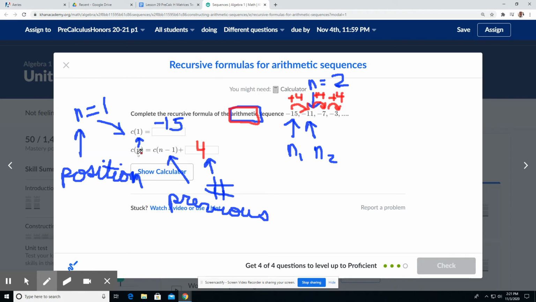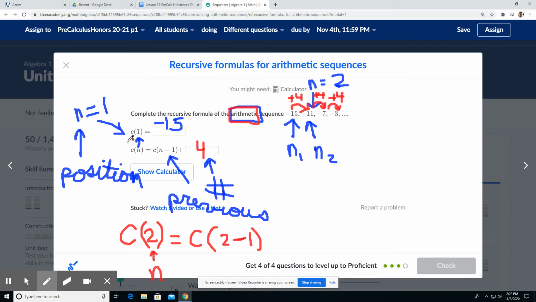So if we have the next entry would be 2. So C sub 2. Now, context matters here, so just be careful. This is function notation. So C sub 2 is equal to, remember, that's our n. n is equal to 2. So that would be C sub n is 2 minus 1.